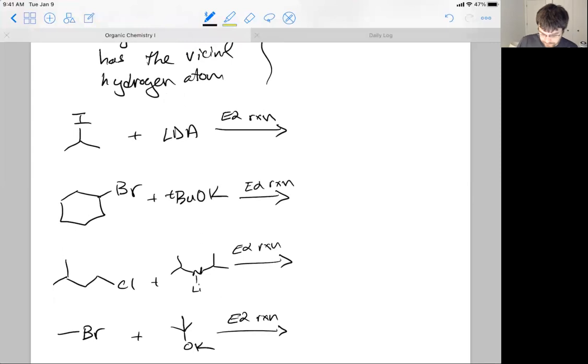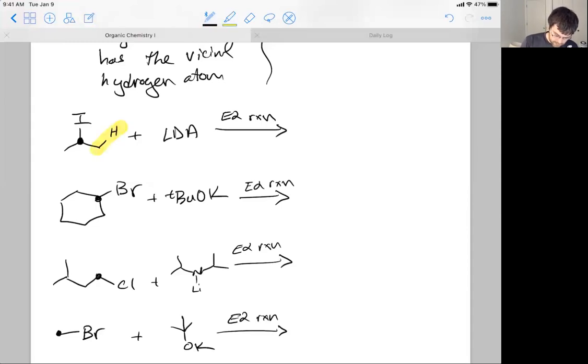Okay, so what we have to do in every case is find the vicinal hydrogens. And so what I'm going to do is for each of these examples, I'm going to go through and identify the vicinal hydrogen atoms. So what we did was we went from the dot to the carbon next door.